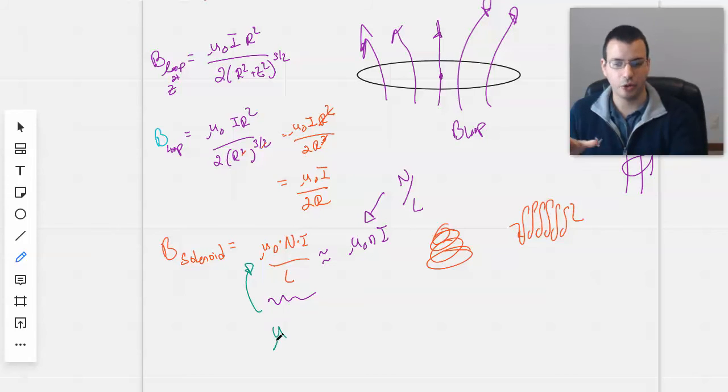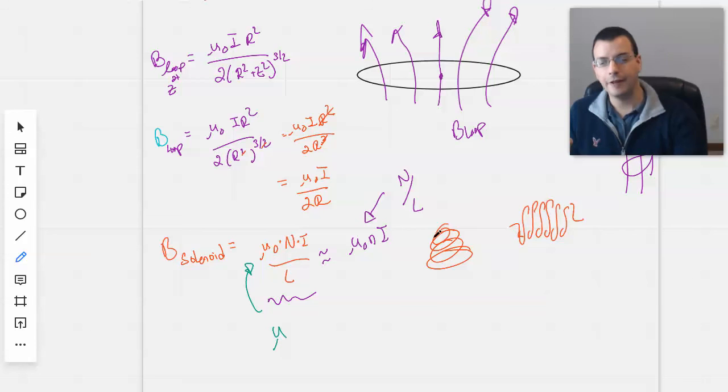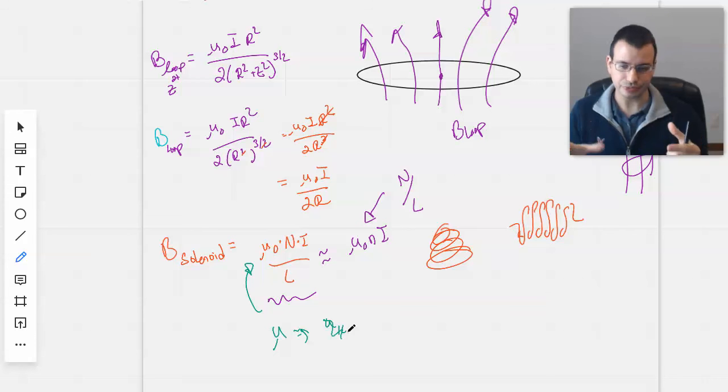If you have a core in it, basically like iron, then you would have mu instead of mu naught, and there would be a unique variable, I'll call it whatever, some sort of factor that applies, makes it more efficient, that you just multiply then by mu naught.